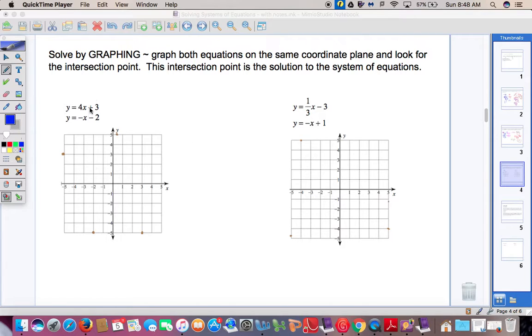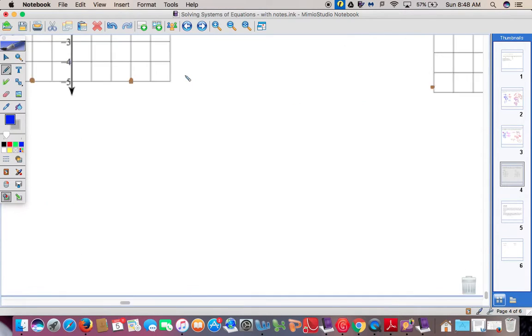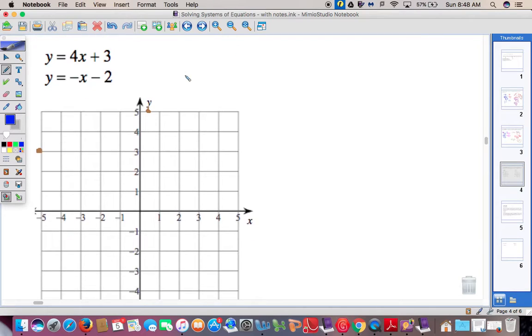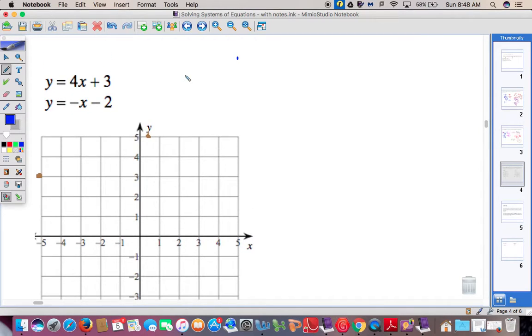So if we're graphing, you can see that these are both given to you in slope-intercept form. Okay, so if I want to graph y equals 4x plus 3 on a coordinate plane, I'm going to start by plotting my y-intercept.